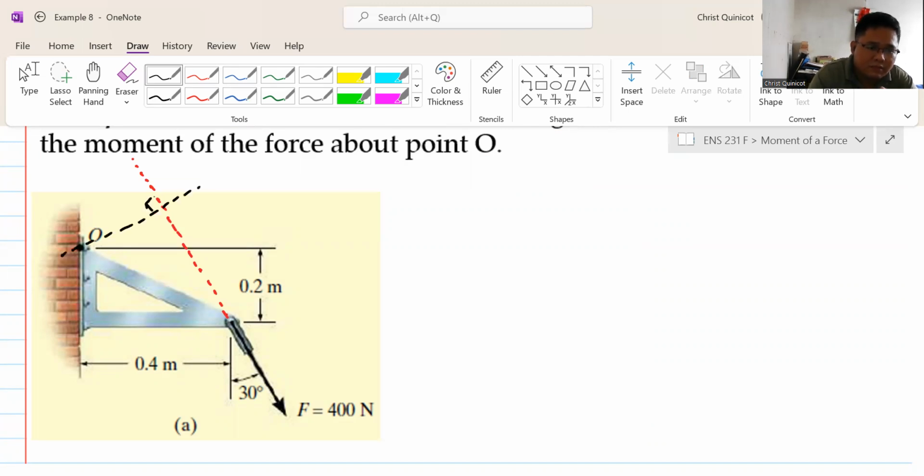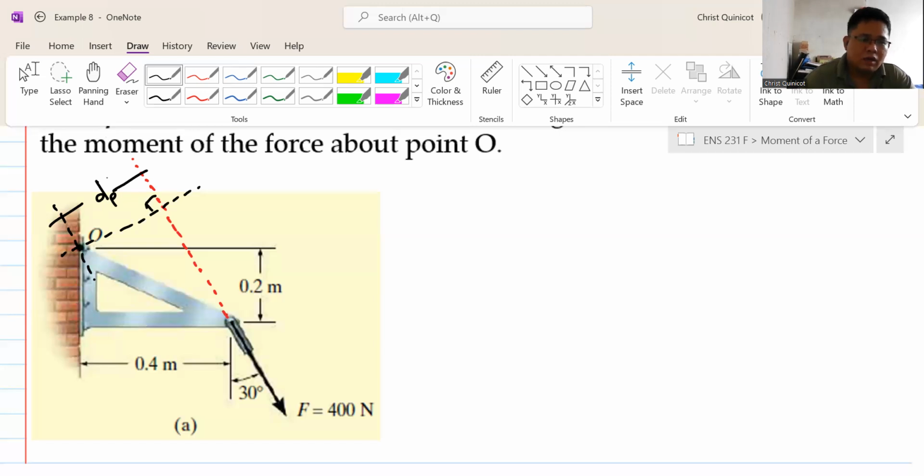This is D. So let us call that D perpendicular, D sub P.